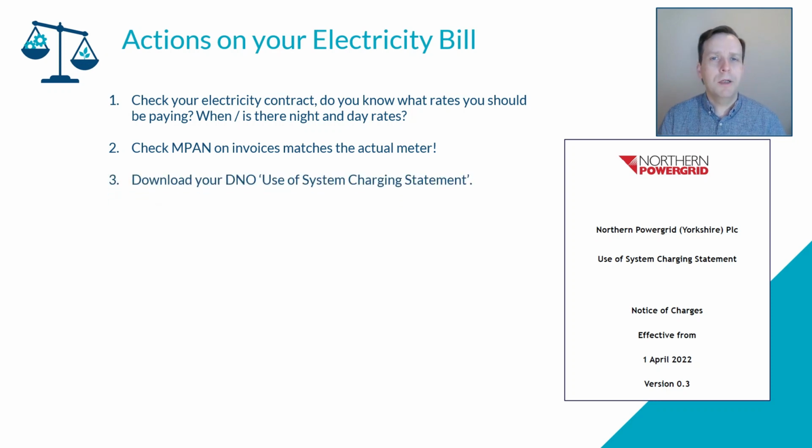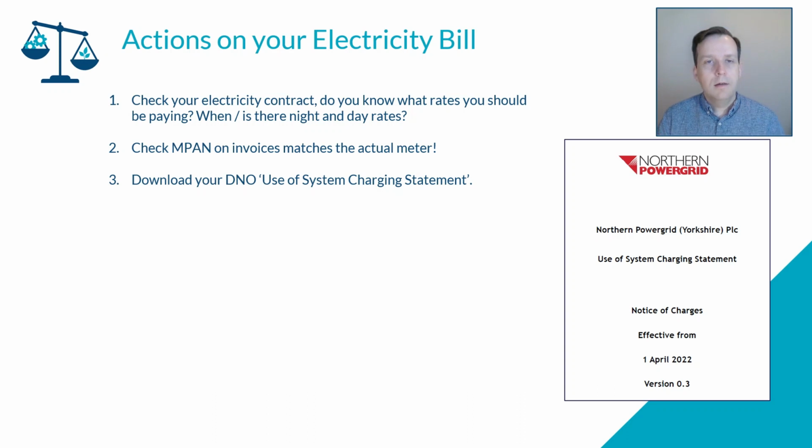Especially if you have a multi-site, multi-meter configuration, you would be surprised that sometimes old buildings may have stray meters or wrong meters. Again, for the UK, download your use of system charging statement.